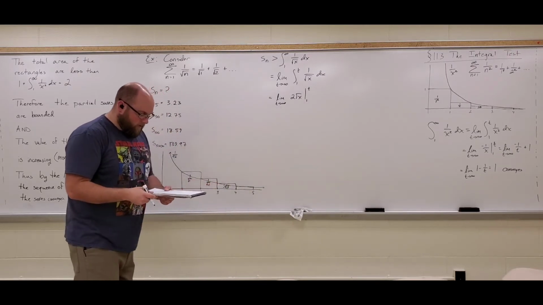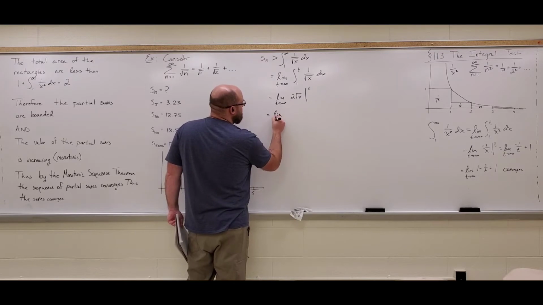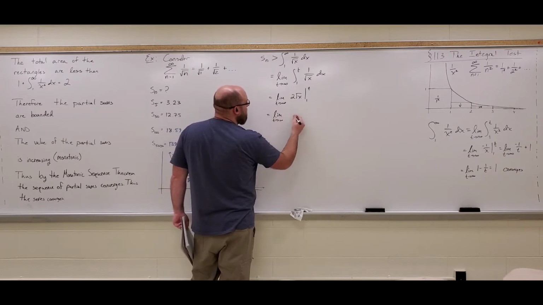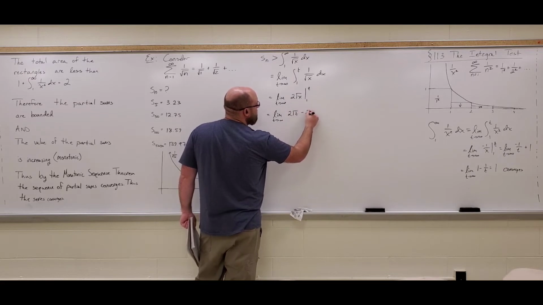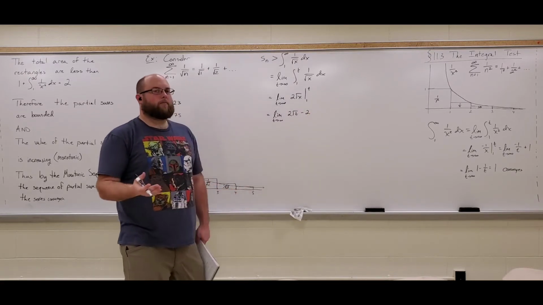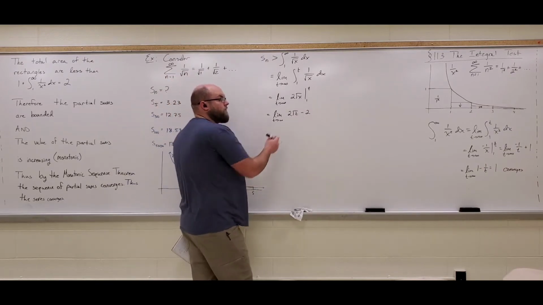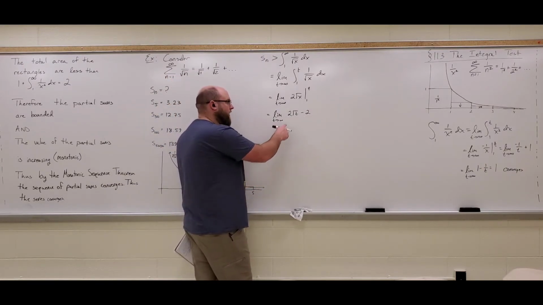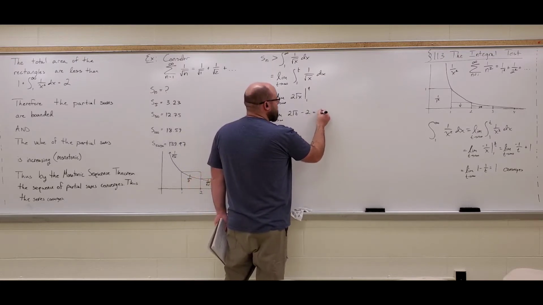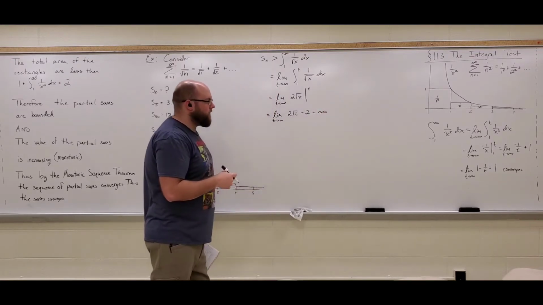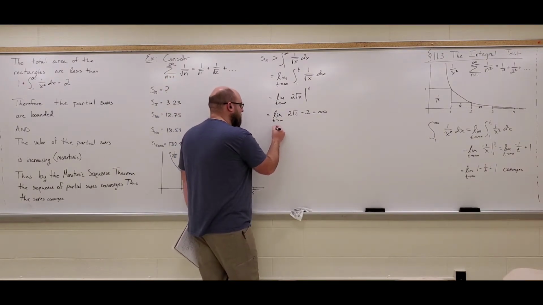Okay, well, plug in our values. I get the limit as t approaches infinity of 2 square root of t minus 2. Well, as t approaches infinity, this negative 2 is not going to have much of an effect on it, and in fact, this is going to blow up to infinity. So notice this has unbounded behavior, represented by the infinity sign. So we can say that this improper integral diverges.